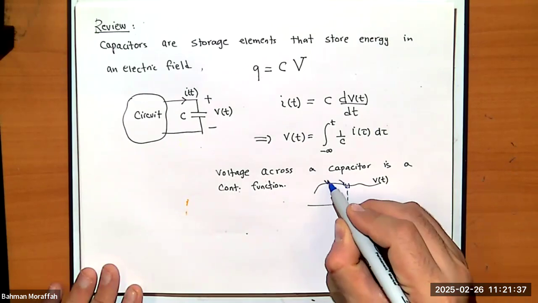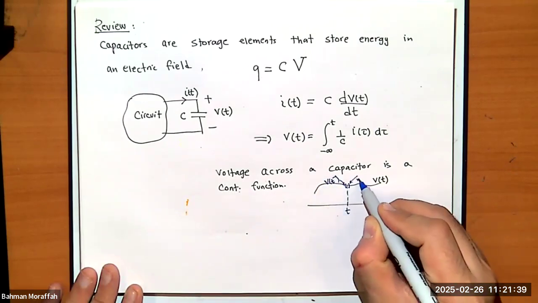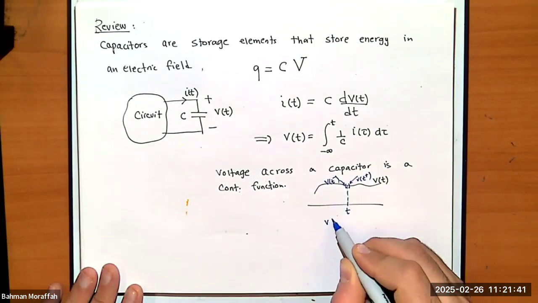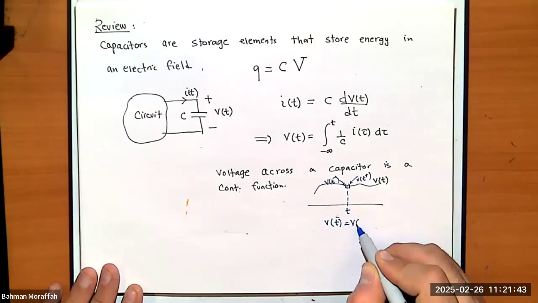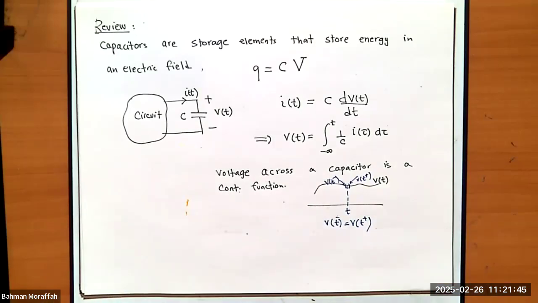So if I call this v(t) negative and this v(t) positive, v(t) negative must be the same as v(t) positive. What it basically means is that there is no jump in the voltage, which we could not say about the current because current was the derivative, and it's not necessarily a continuous function. So we might have discontinuity.